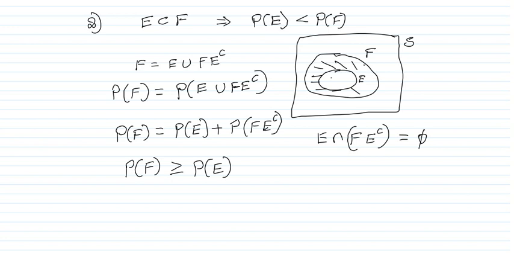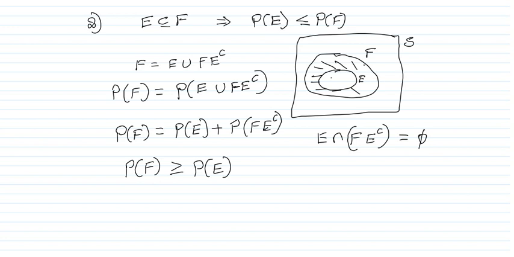Let me write this inequality here so that I can keep it. See, P of an event always lies between 0 and 1. It means it is a non-negative number. So to P of E, you're adding a non-negative number, so the result will be either equal to P of E or more than that.